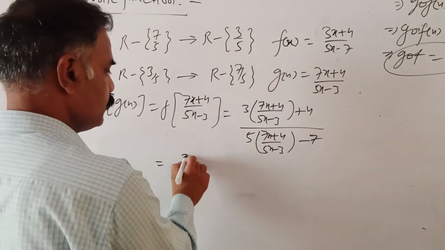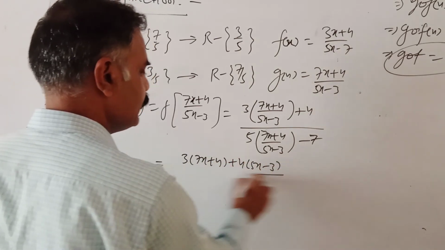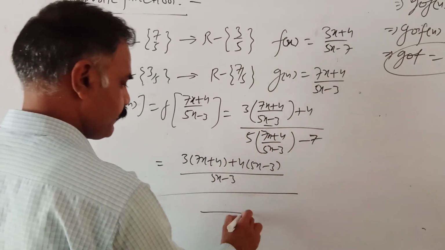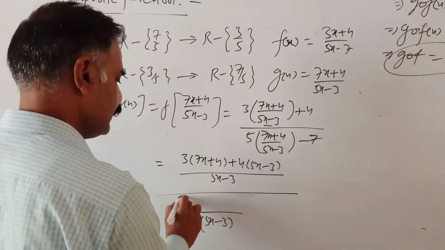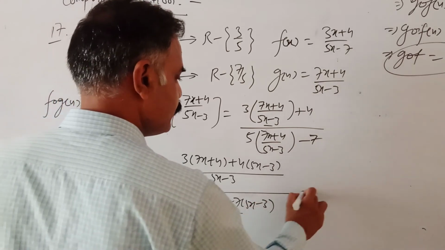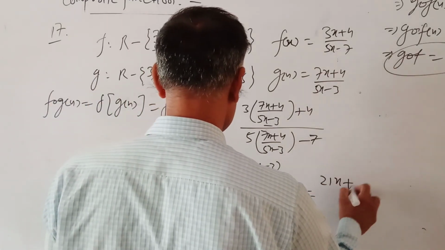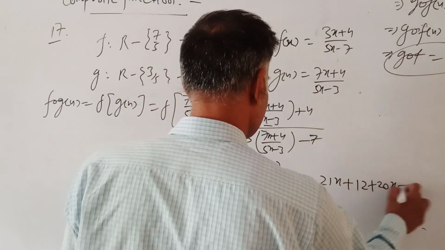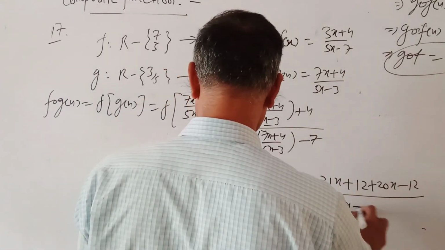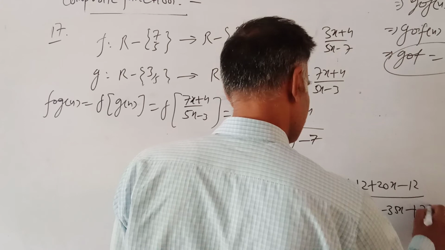This is equal to 3 into (7x plus 4) plus 4 into (5x minus 3), divided by the LCM 5x minus 3, whole divided by 5 into (7x plus 4) minus 7 into (5x minus 3). The LCM cancels the LCM: 21x plus 12 plus 20x minus 12, upon 35x plus 20 minus 35x plus 21.